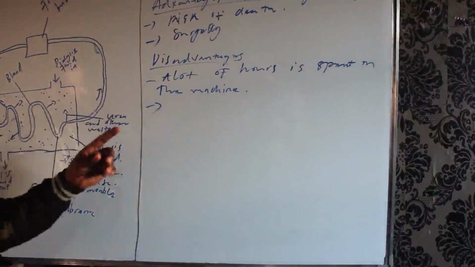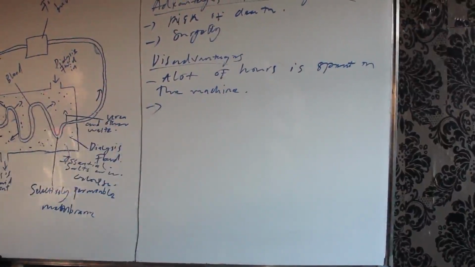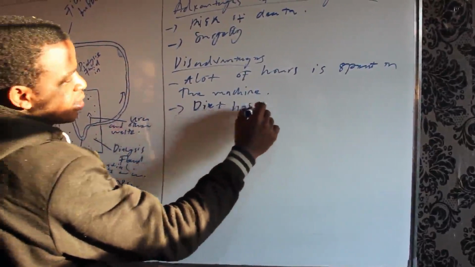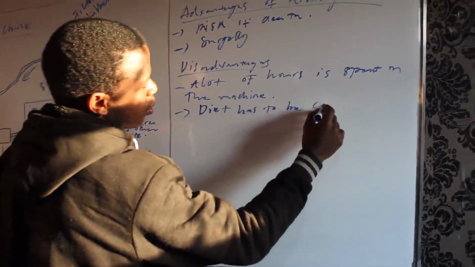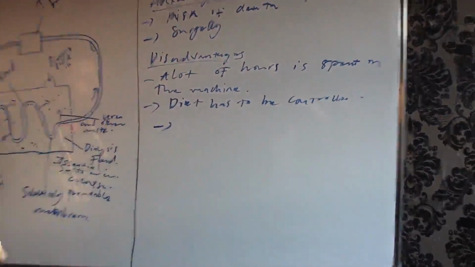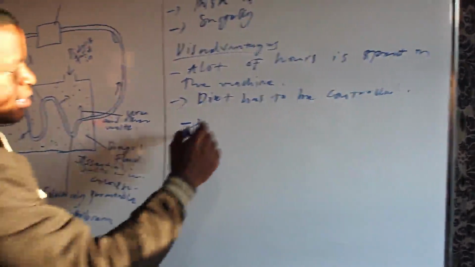Then the other disadvantage is that the diet has to be controlled. Then the other disadvantage is that it's expensive.